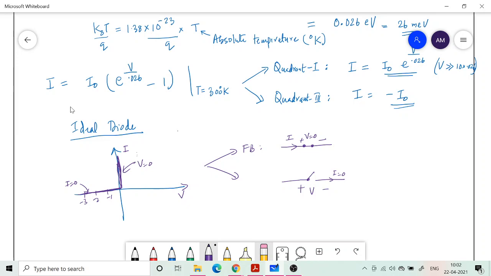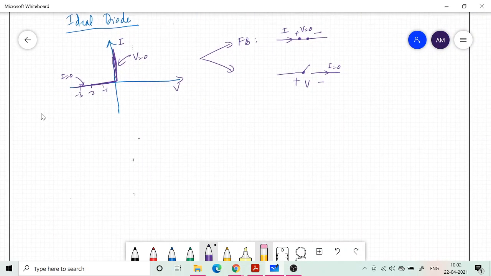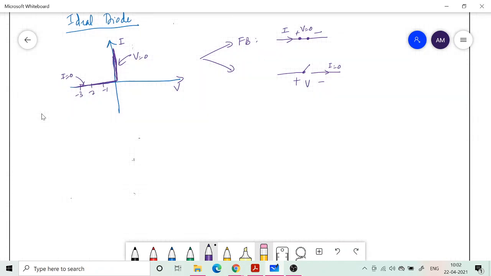So let's look at some circuits which involve a diode and quickly find out what is going on. One of the most basic and important circuits which we use very often with diodes is a rectifier.